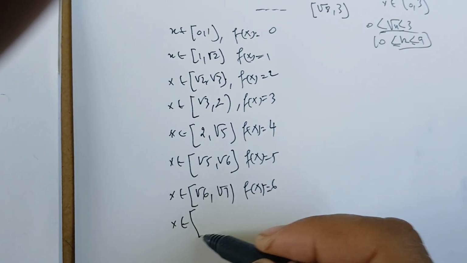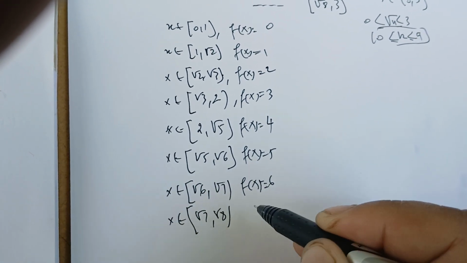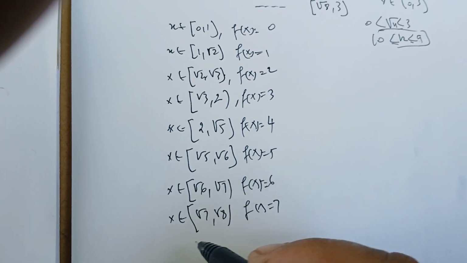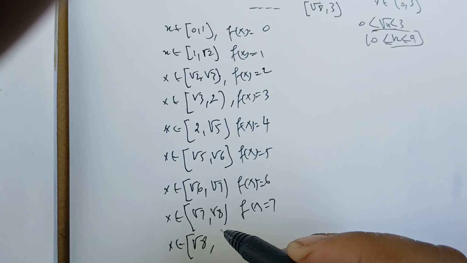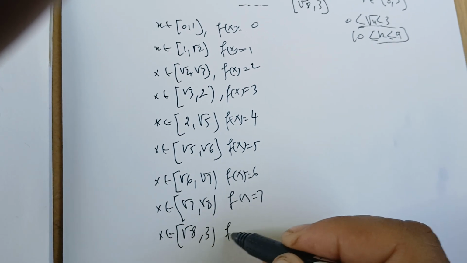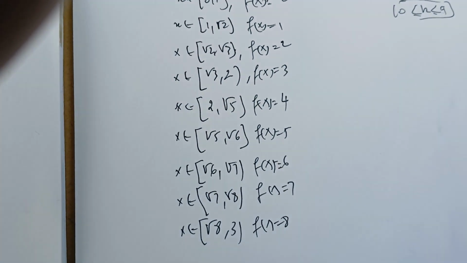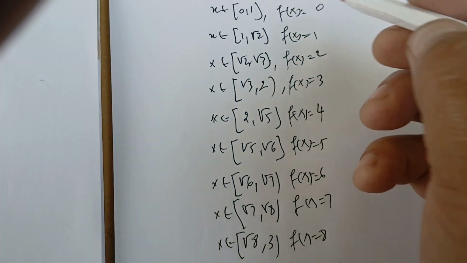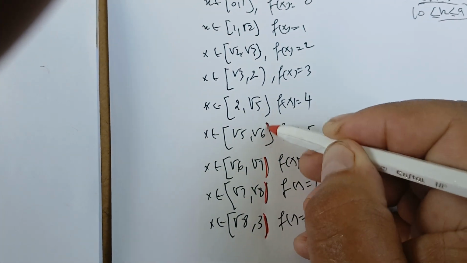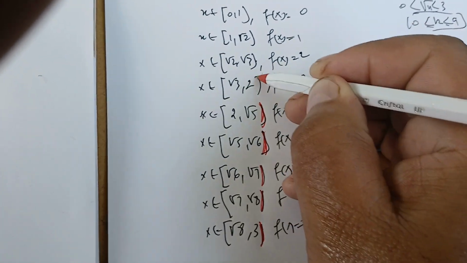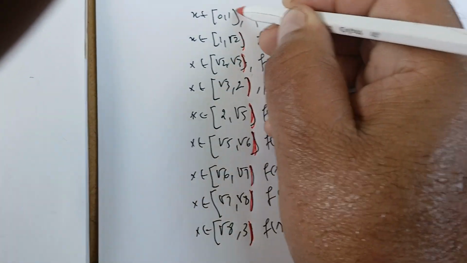If x is between the square root of 7 and the square root of 8, f of x is 7. And finally, if x is between the square root of 8 and the square root of 9, which is 3, f of x is 8. Note that these endpoints are not included here.